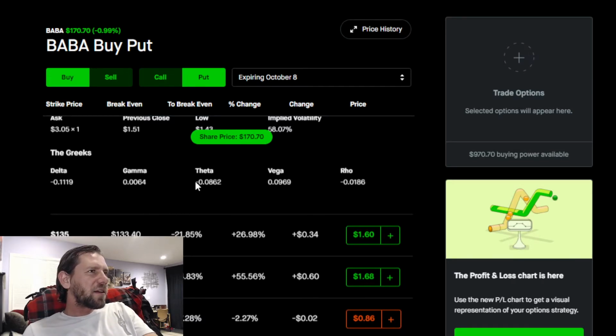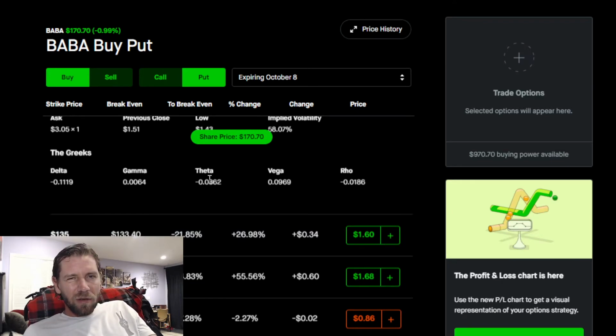So here's the Theta. Look, this is a much higher number, right? This is almost 9 cents, which means that by owning this put option, I'm losing about $8 or $9 per day. It's burning. It's just disappearing when I own this option.